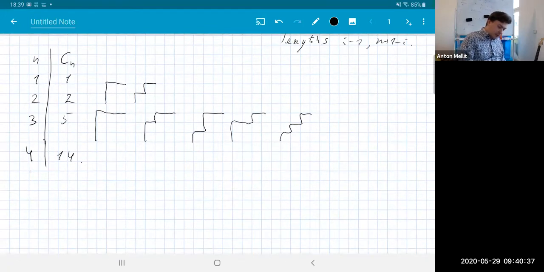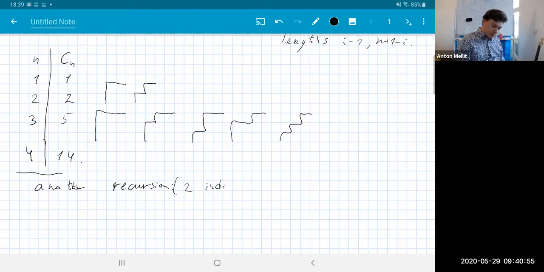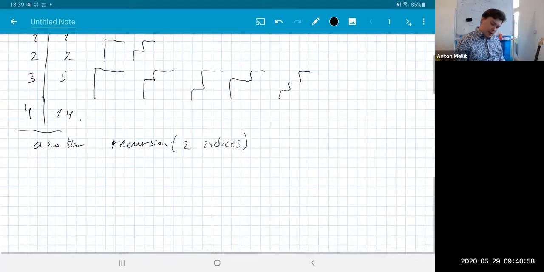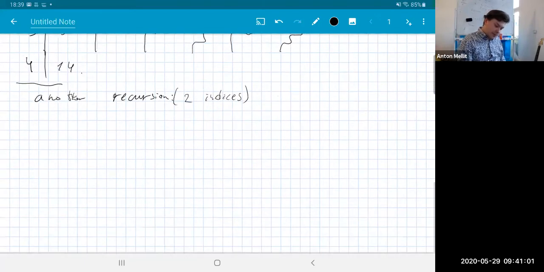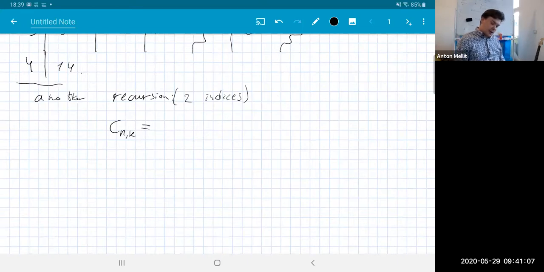But here is another recursion that is linear, but it depends on two indices. Let's count: C_{n,k} is the number of paths from (0,k) to n.